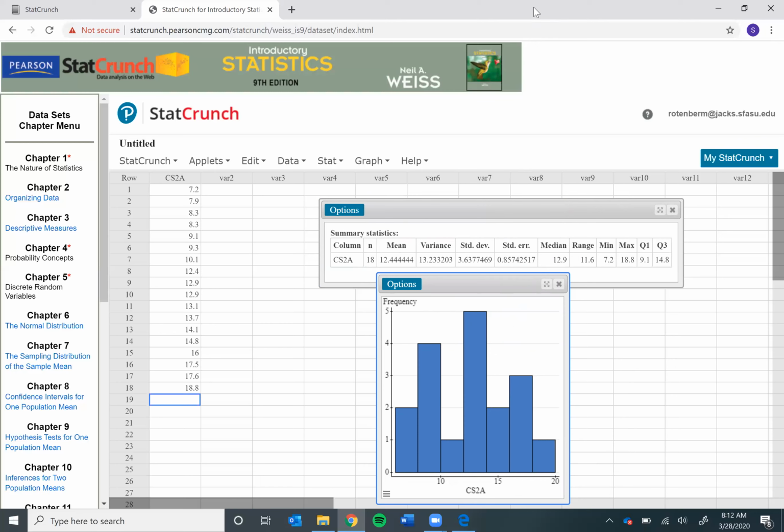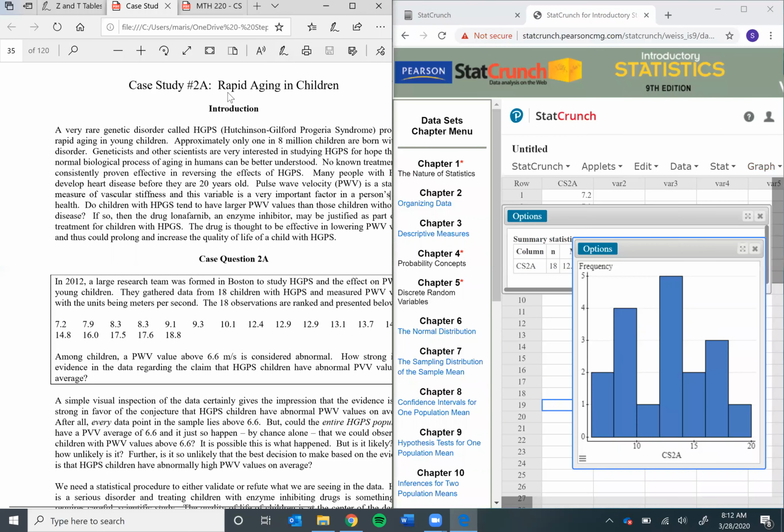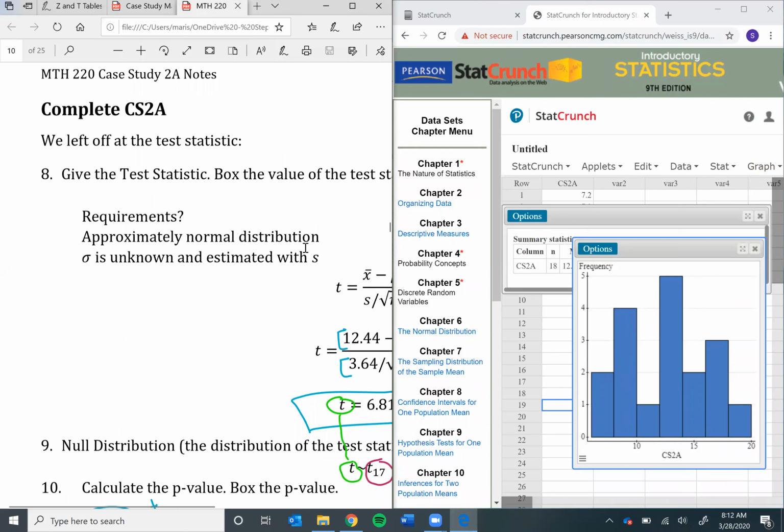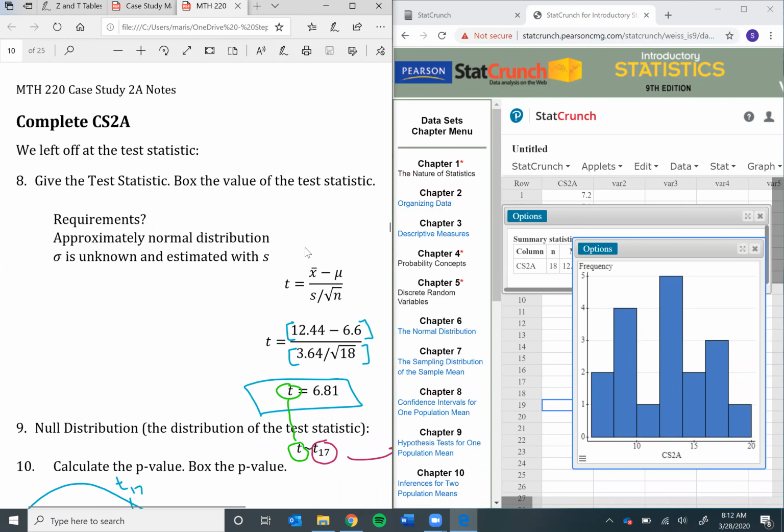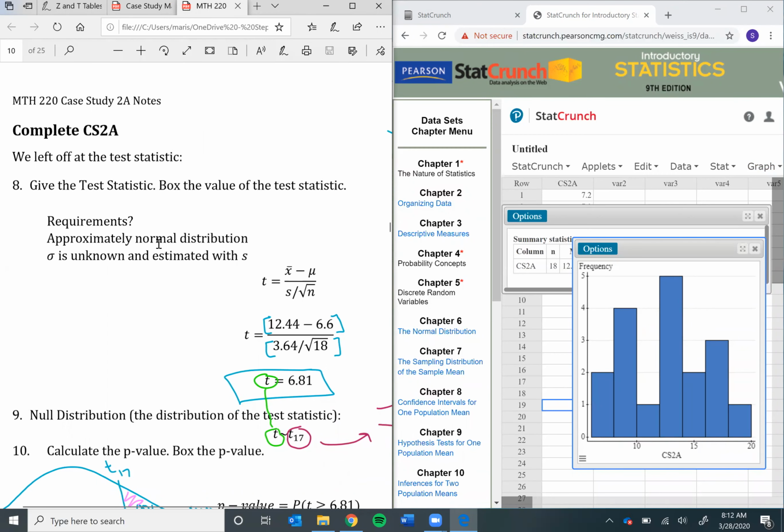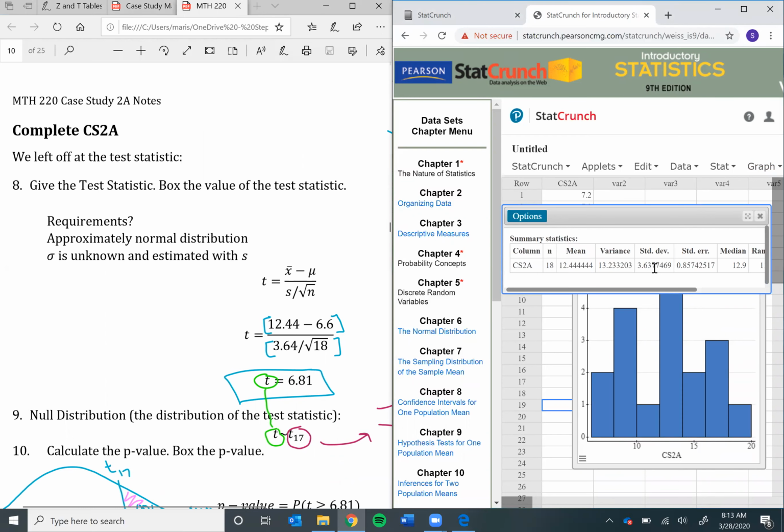What were the requirements for this test statistic? Our data had to be approximately normally distributed, and it is. Sigma is unknown and estimated with S. Do we have a sample standard deviation? Yes, we do, 3.64 rounded.